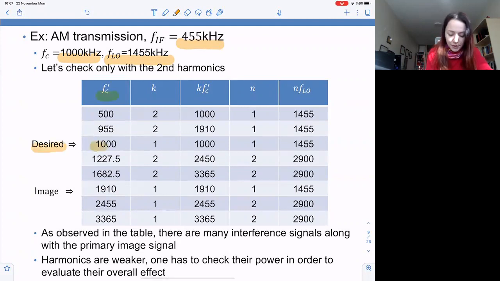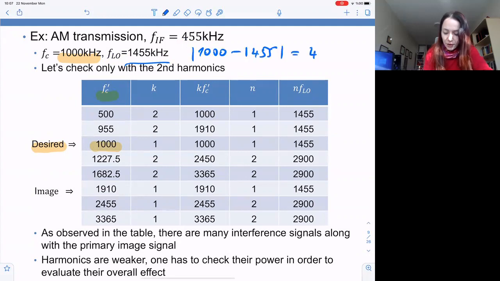The desired signal is here at 1,000 kilohertz. Basically 1,000 minus 1,455 is going to give us the desired FIF. So that is not a problem.